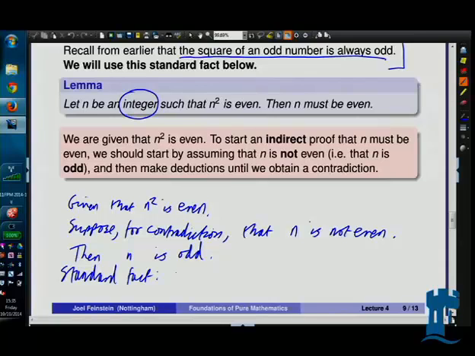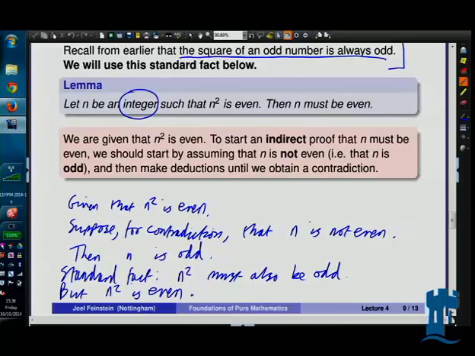Well, okay. I'll say n squared must also be odd. But we're told that n squared is even. Okay? So that's a contradiction.